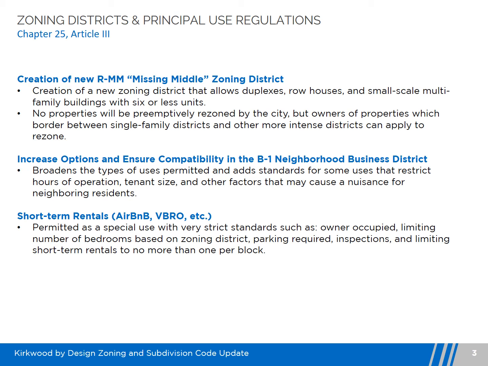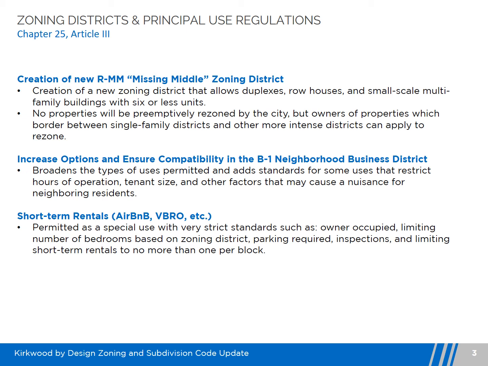Another goal coming out of some of those plans was to improve the quality of the B1 neighborhood business districts. Some of them are doing pretty well, some are not. They face many challenges, but one of them is the restricted uses that are allowed within them. So we've increased the types of uses that can be in those districts, but we've also added standards to make them more compatible.